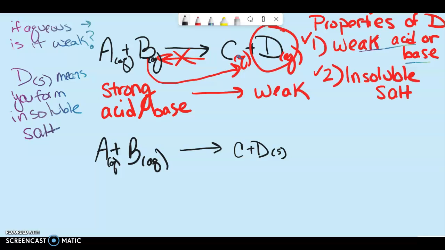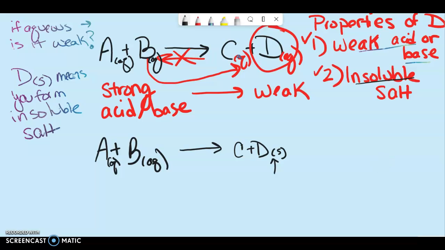Sometimes you can be told this. You might be told, hey, you have a solid. You already know you're dealing with an insoluble salt. Or sometimes you need to use your solubility rules. So in some cases, you might need to think about, what is the identity of D? Is it soluble or is it not? So if it makes a solid, that is an insoluble salt. That reaction will happen.